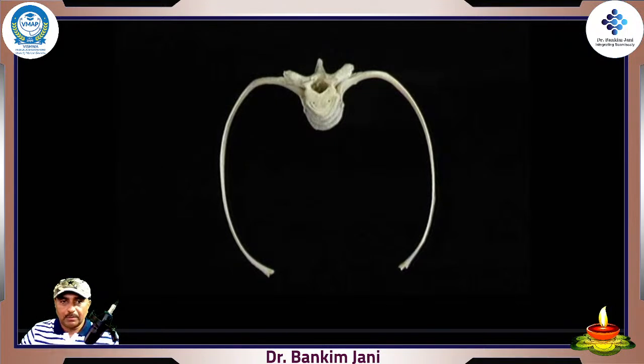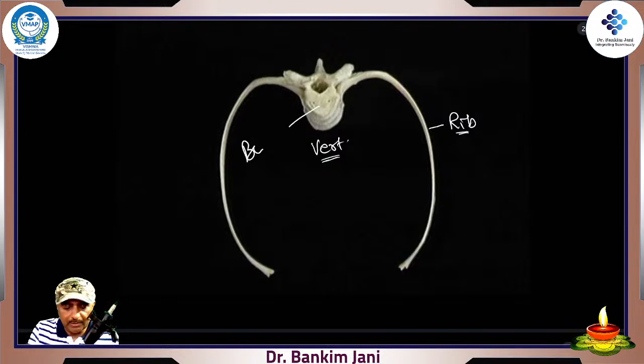Now, that's the vertebra, and this one is the rib. Only one purpose, vertebra. The rib is attached with the vertebra at 2 points. For the vertebra, this one is the body of the vertebra.